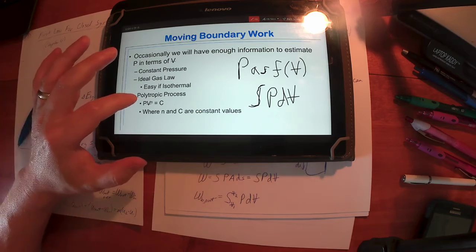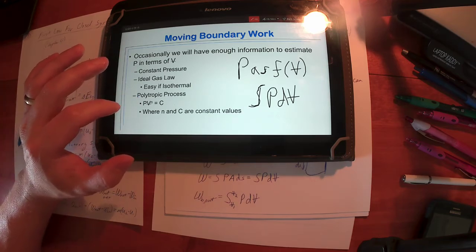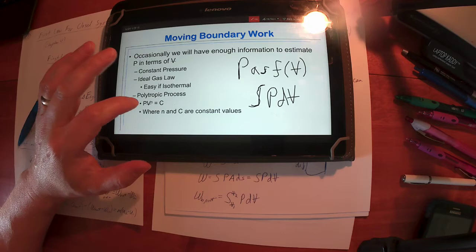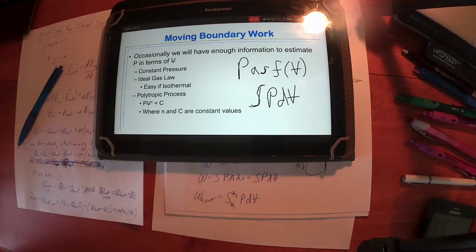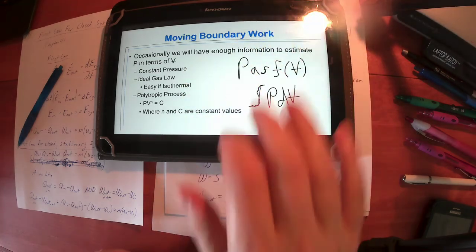Another common one is what we call polytropic, where P times V to some power n is equal to a constant. We'll see that a little later, probably in the next lecture.